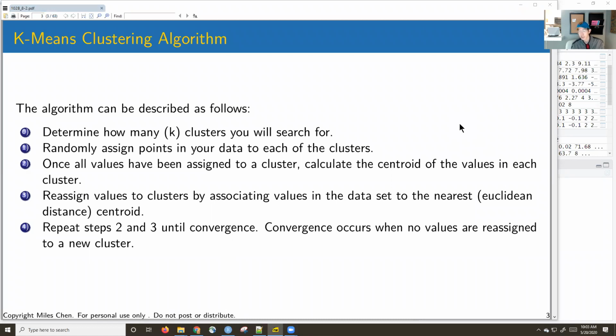Once you do that, you calculate the centroids. Then you reassign values to clusters by associating the data to the cluster with the nearest centroid. And then you just go back and forth between recalculating the centroids and reassigning points to each cluster.